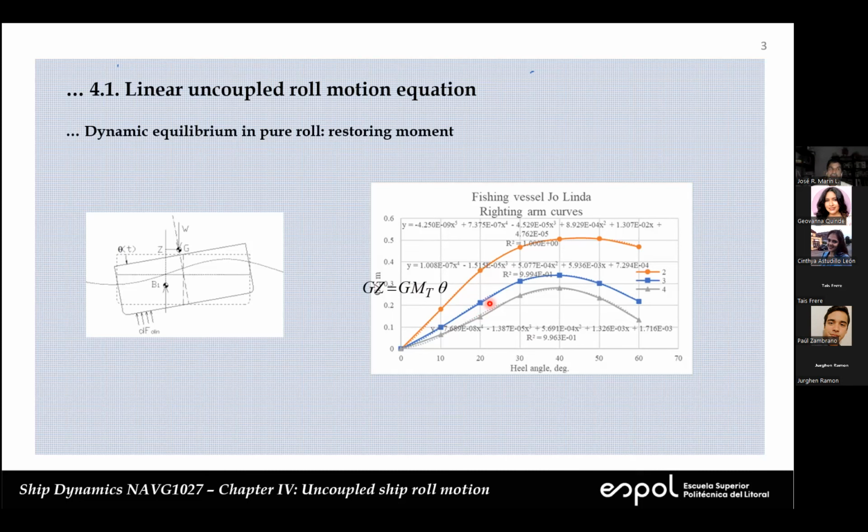I suspect that if you go beyond that, you start changing the trim. 2 degrees. That's what they allow you to move the ship. So that means that this region is really very small. But we're going to assume that even though we go up to 10 or 15 degrees in roll, this relation holds. So GZ is equal to GM times theta.